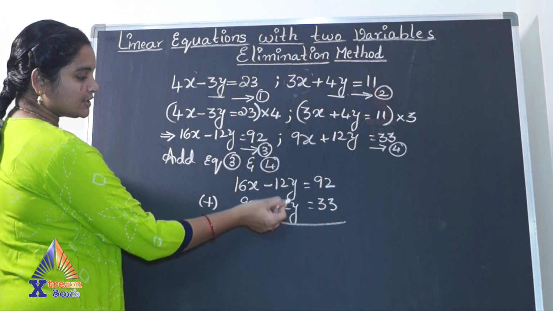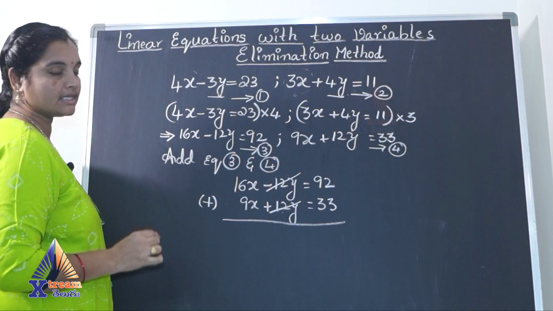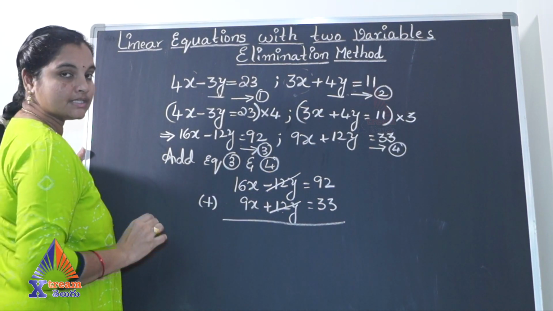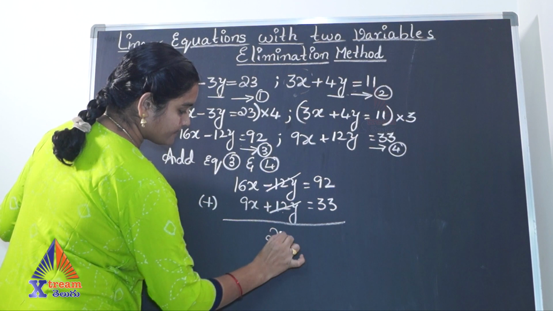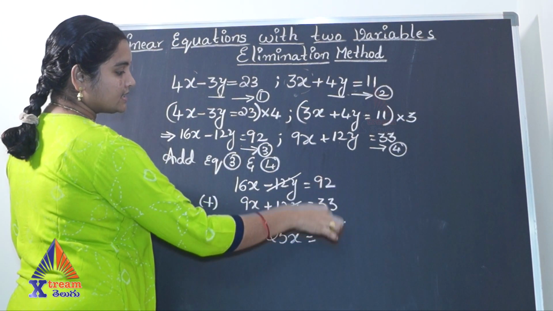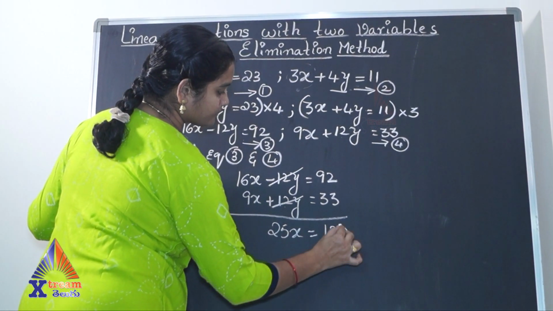Already you have minus 12y plus 12y like terms, so they cancel, and the resultant is 0. Now 16 plus 9 gives us 25x, which is equal to 92 plus 33. We get it as 125.